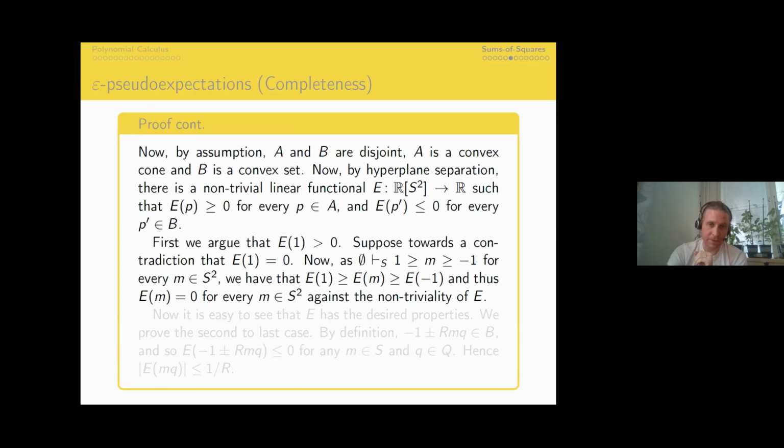First we need to argue that this E gets a strictly positive value for the constant polynomial 1.